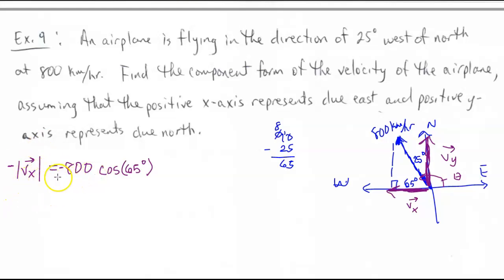So that is what our horizontal component would be here. Our vertical component, since y values are positive in quadrant 2, is going to be a positive value, and this will just be 800 sine of 65 degrees.